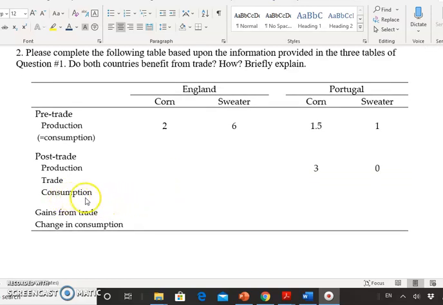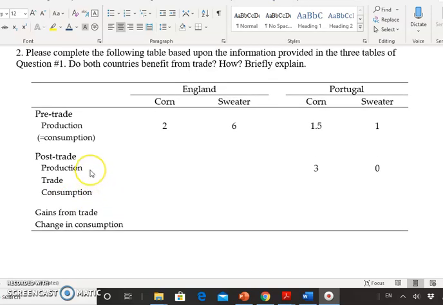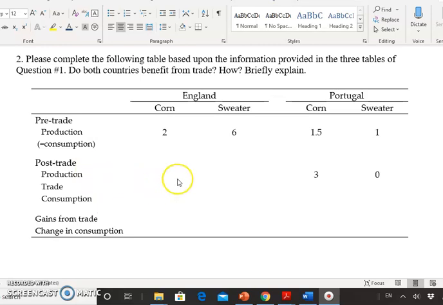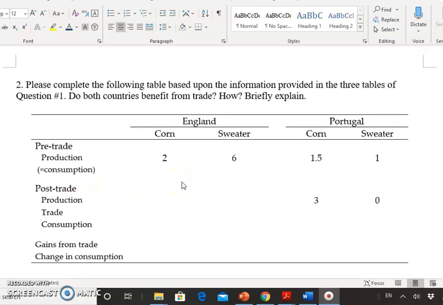And eventually we're going to look at the consumption. Now here, with trade or post-trade, consumption could be different from production, right? Because what has been produced in England can be exported to Portugal. So it won't be available for English people to consume, but it will be available for Portuguese to consume. So in the middle panel, you find that production and consumption would be different.